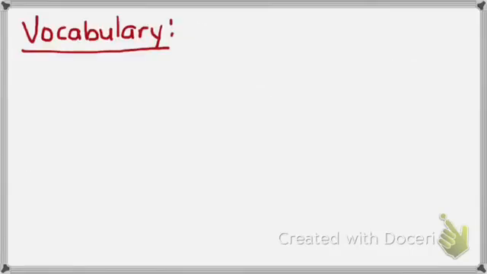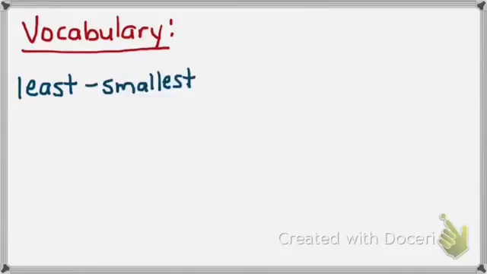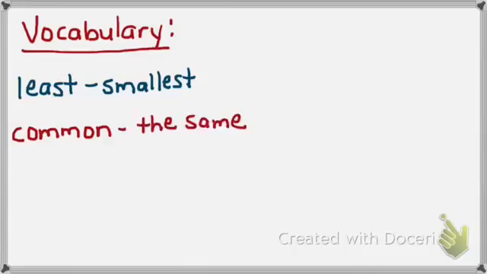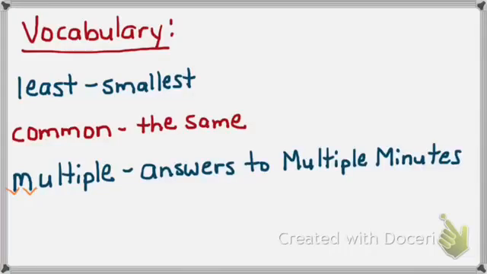Today's vocabulary: the first word is least, which means the smallest. Our next word is common, which means the same. And finally we have multiple, which means the answers to multiple minutes.